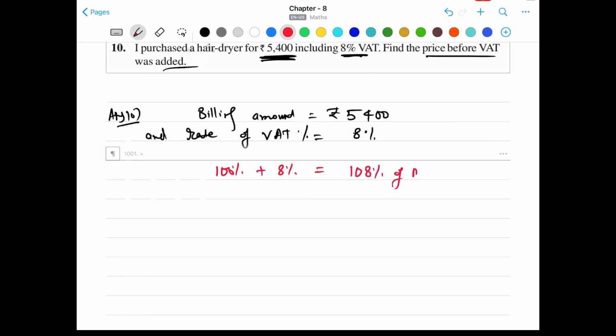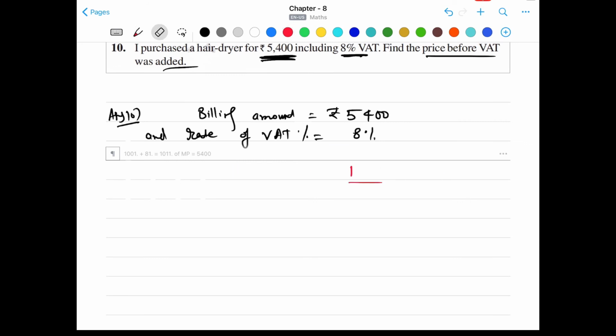108% of marked price, and that is equal to 5400. The amount paid: 100% is the marked price, plus 8% is the tax on it, so the total amount becomes 108% of marked price, which is equal to 5400.